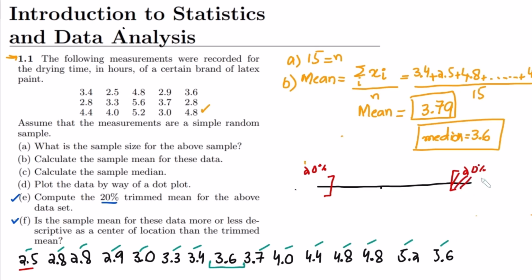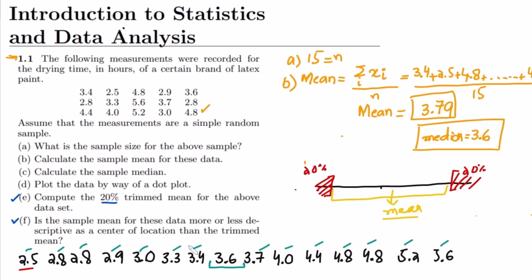This is 20%, this is again 20%, and this will be our new data set, which is 20% trimmed, and we have to find the mean of it. So this is the 20% trimmed mean.